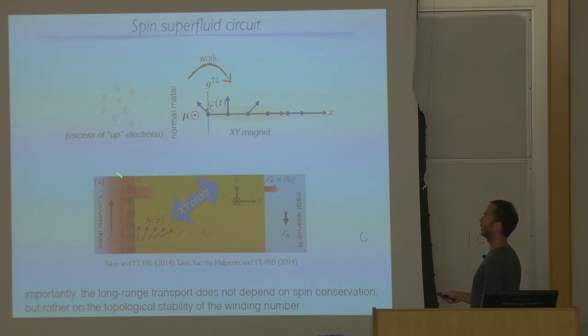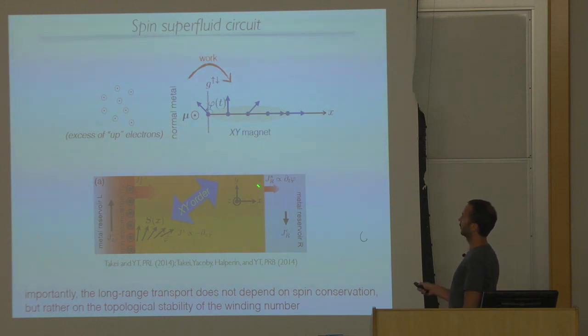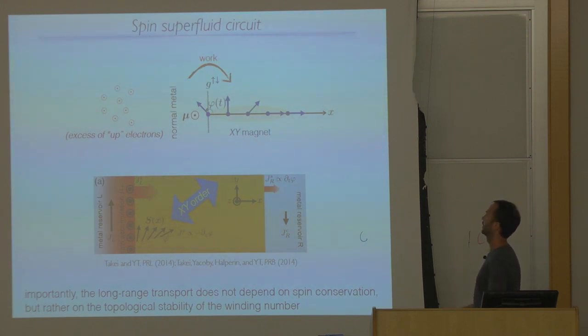Namely, the spin accumulation here is converted into winding. That winding propagates, and then as you unwind at the right end, the spin current at this interface comes out proportional to the frequency of this unwinding dynamics. This is called spin pumping. And via the inverse spin Hall effect, that produces the measurable voltage.